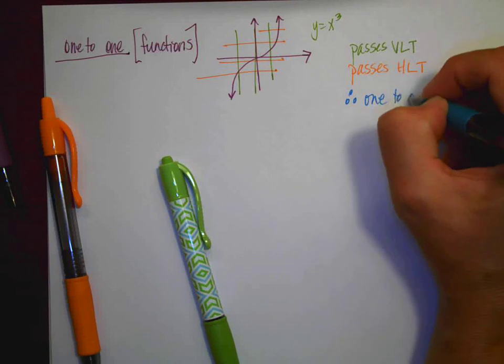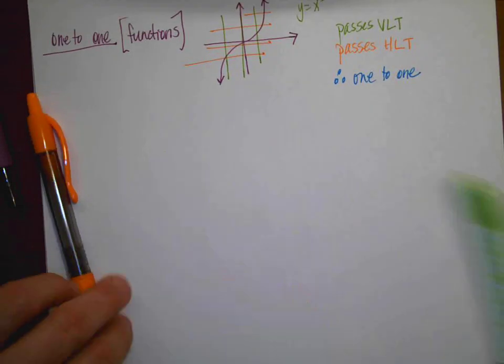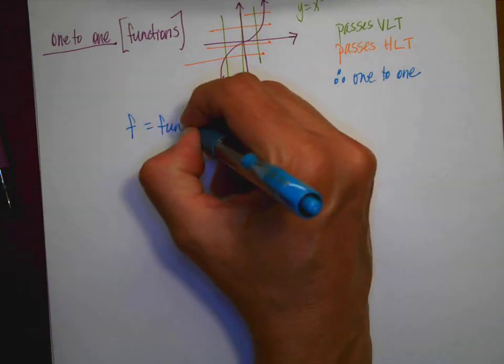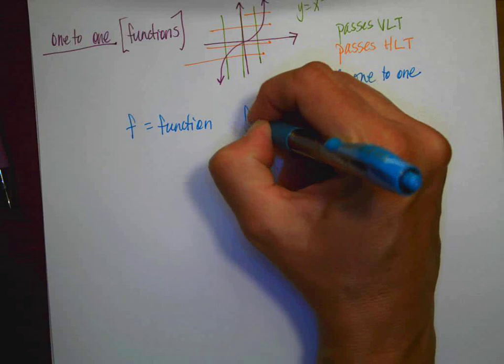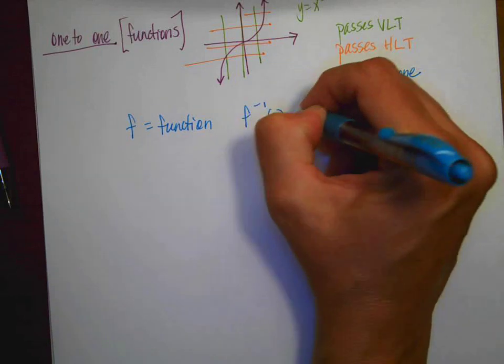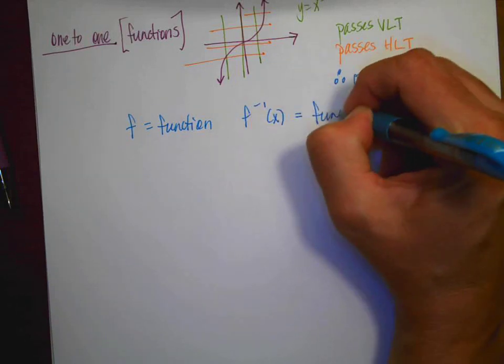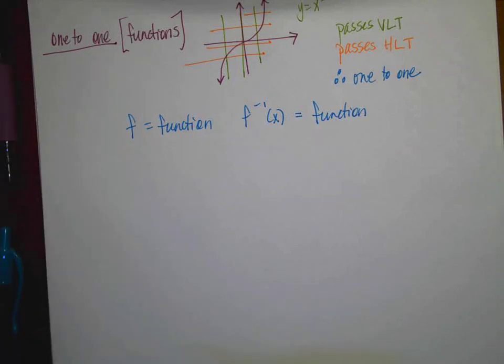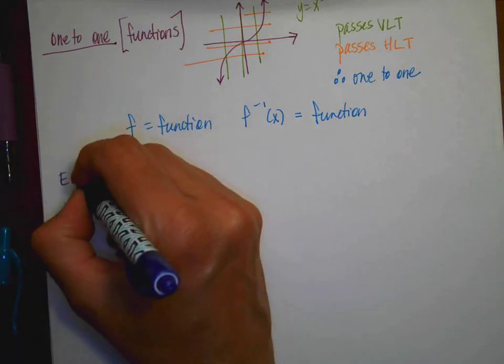So remember, those three little dots mean it is one-to-one. And when a function is one-to-one, that means that f is a function, and it means that the inverse of the graph is also a function. Okay? So that's what one-to-one means. And again, I'm sorry, we just get all of these different little topics.